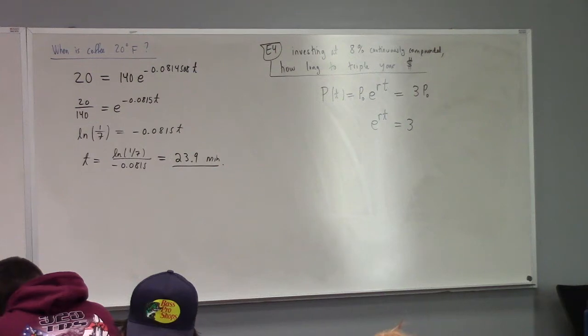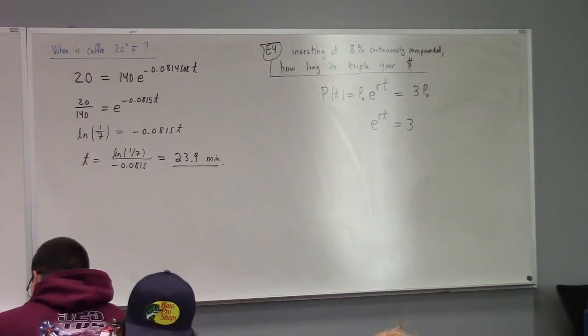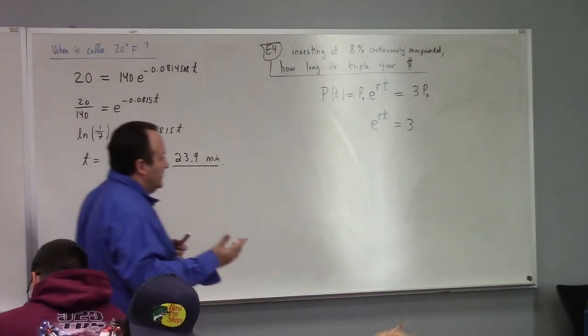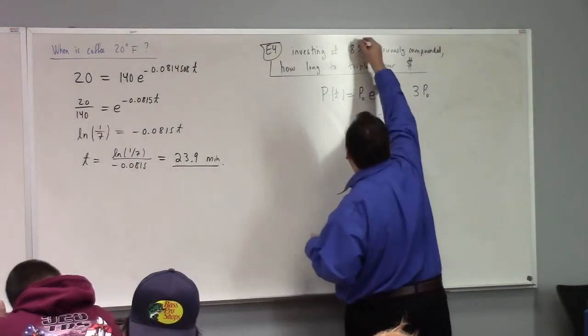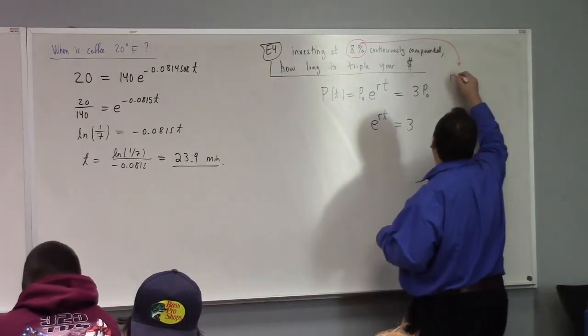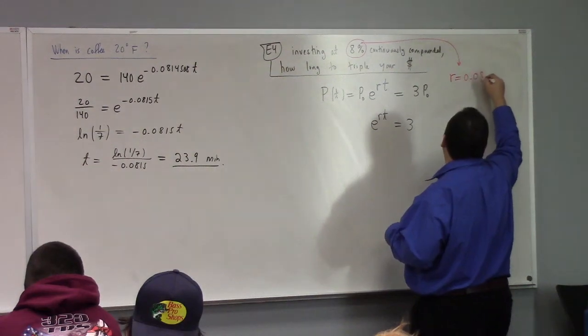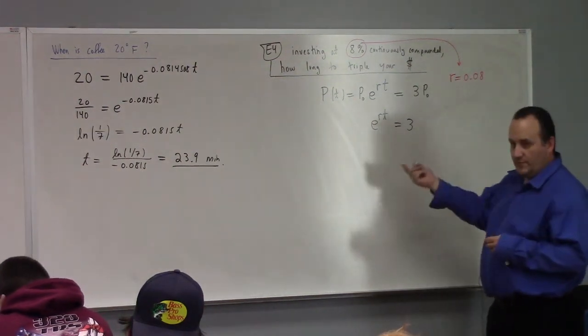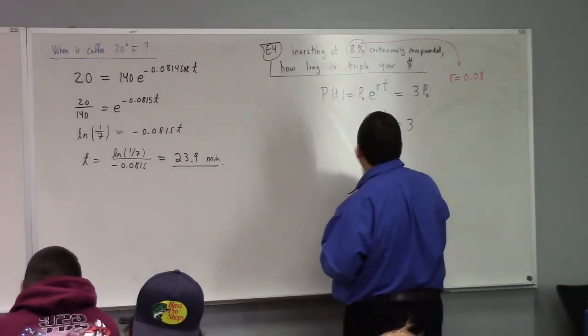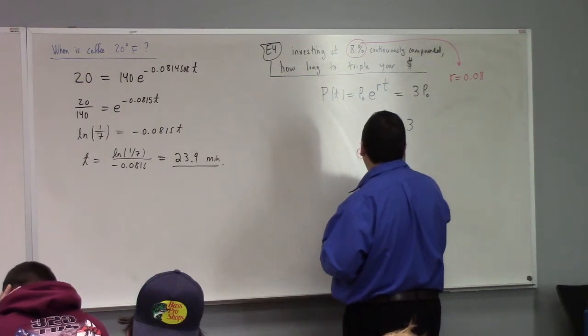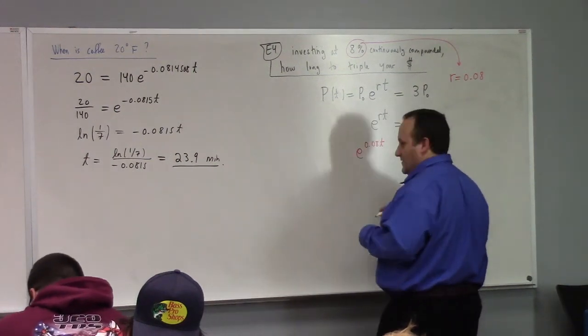Mathematically, that means this variable r is not 8. Your r is 0.08. So what we have is e to the 0.08 times t equals 3, and we just need to solve that for t.